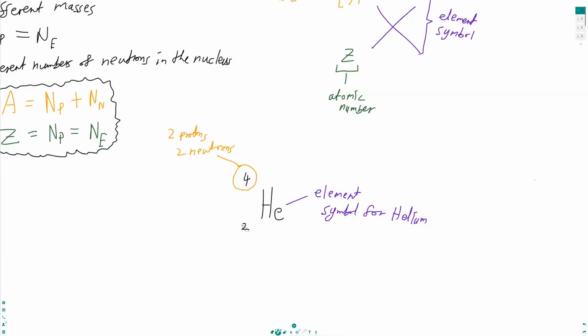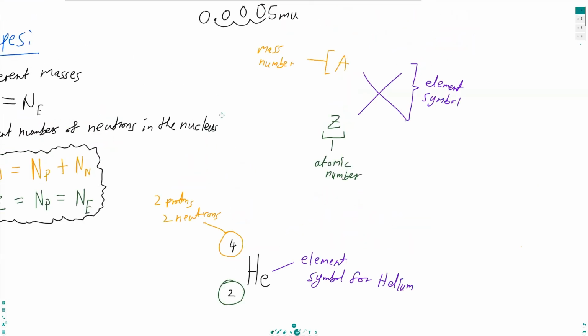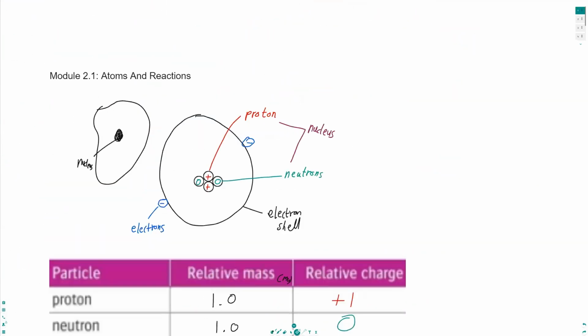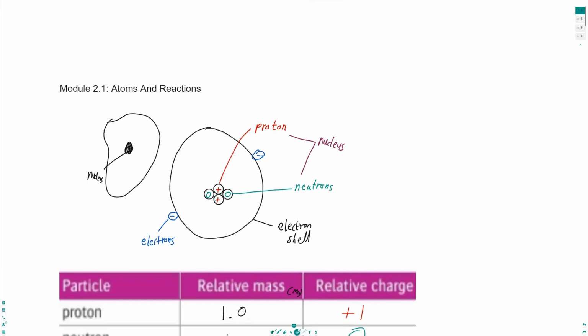The atomic number down here, what does that tell us? Well, it tells us the number of protons, which also tells us the number of electrons. If we go back up here, the number of protons is 2, so that bit's correct. Remember, the number of protons always equals the number of electrons, which in this case is also true.